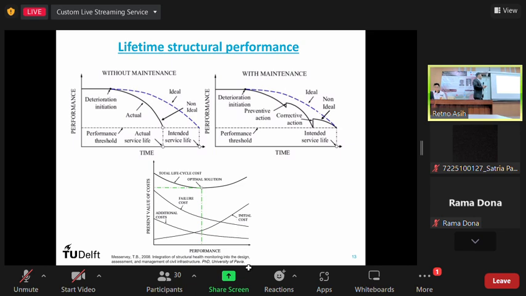So you have designed the structure to behave like this, but in reality it behaves like a plateau. And the reason is the uncertainties that you have during operation. Not all structures behave the way you design them, and the loading conditions are different. And you can't predict all the uncertainties.